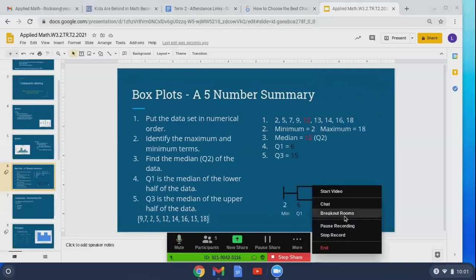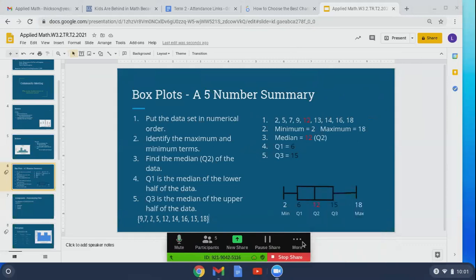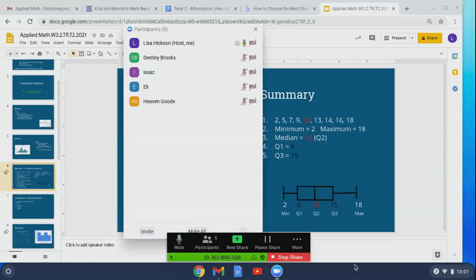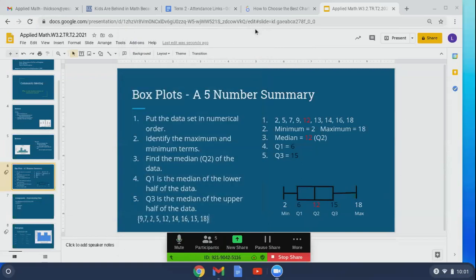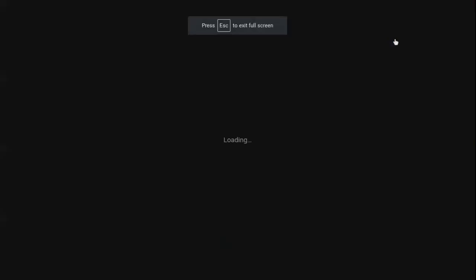Come on. How do you find the median when you have an even set of terms? Anybody remember? All right, since nobody's talking to me, I'm going to assume that you need a little refresher on that.